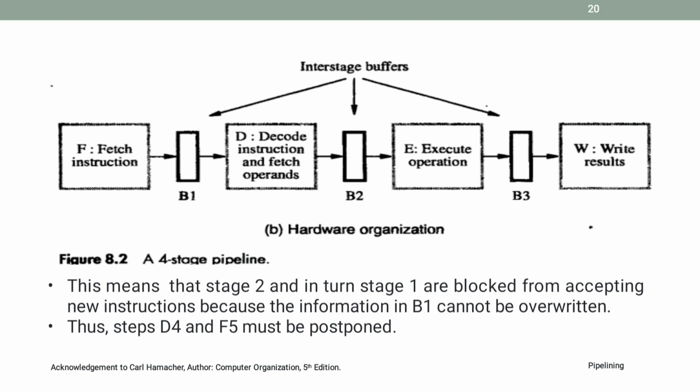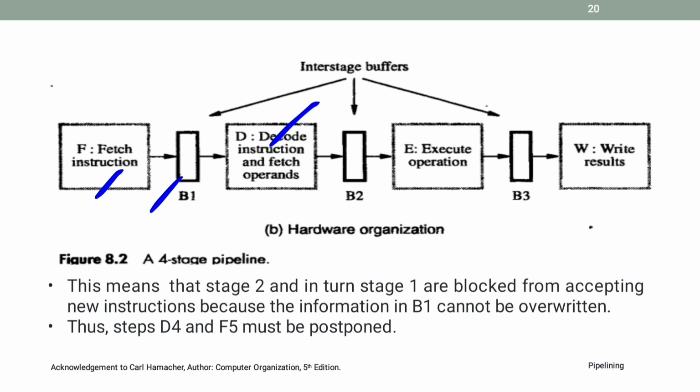So the stage 2 and in turn stage 1 are blocked from accepting new instructions because the instruction in B1 cannot be overwritten. That is, the point is, if decoding is delayed, the next instruction cannot be fetched and kept in buffer memory. So it has to be delayed.